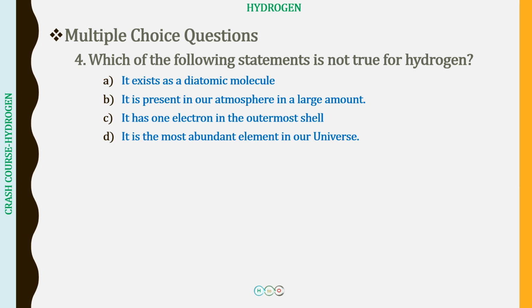Here one thing more which you can remember is that 90% of the solar atmosphere is also made up of hydrogen. So this is the most abundant element of the solar atmosphere also, and here hydrogen is responsible for the sun's light and energy.